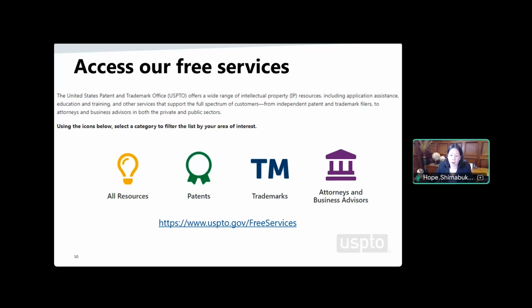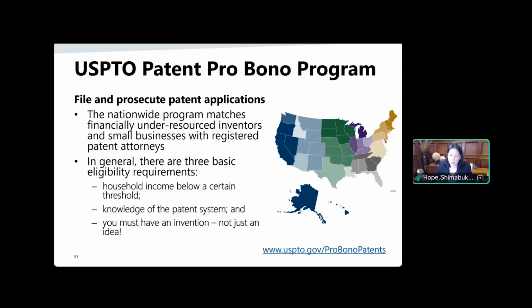You'll be able to find the right place to answer all of your questions. And there are a number of 1-800 numbers that are also listed on our website. Please reach out to www.uspto.gov, free services.